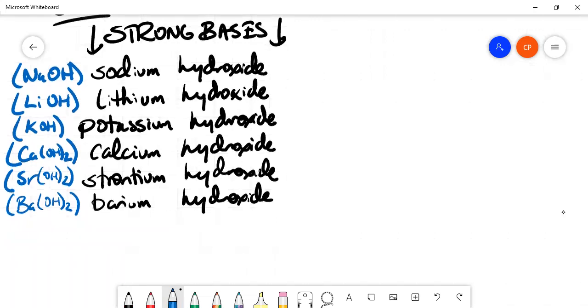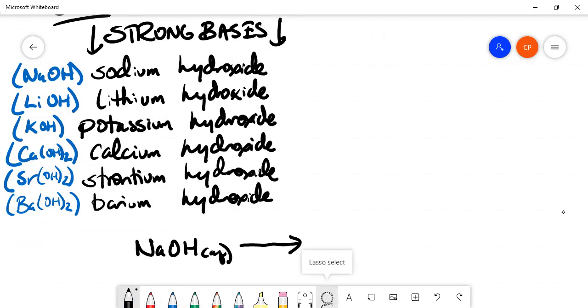I can just doodle down some strong base reactivity. I don't even need water around for this. I can just doodle down NaOH in aqueous solution. And again, because it's strong, this is a right-hand arrow going completely to products, generating sodium ions and hydroxide ions.